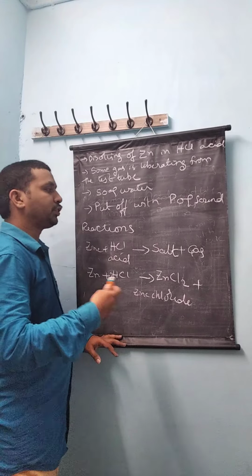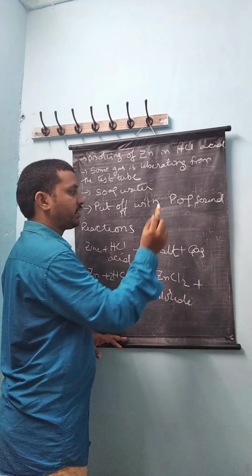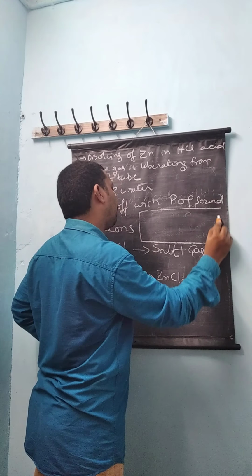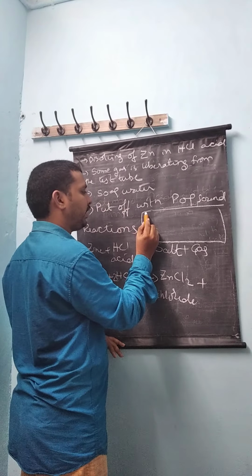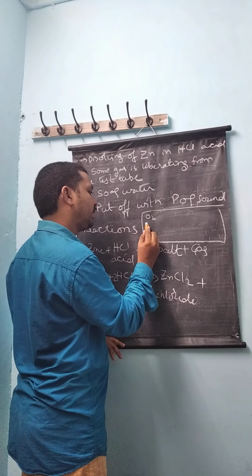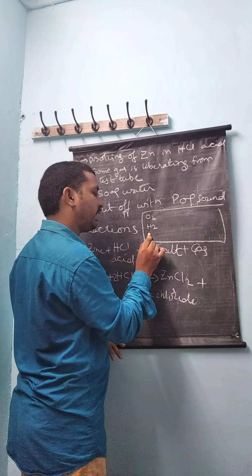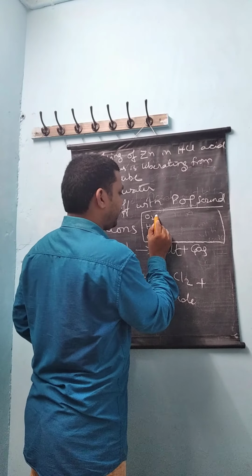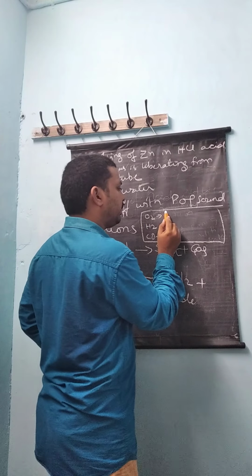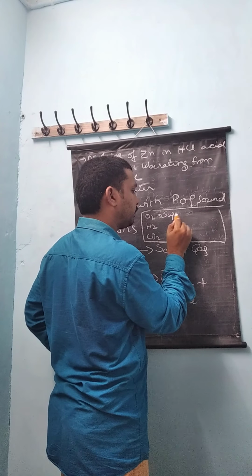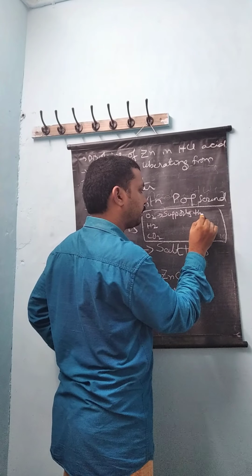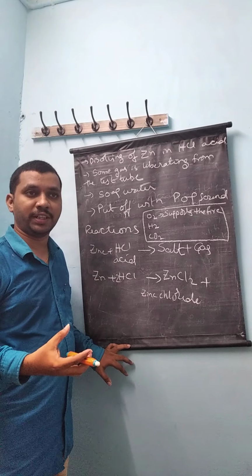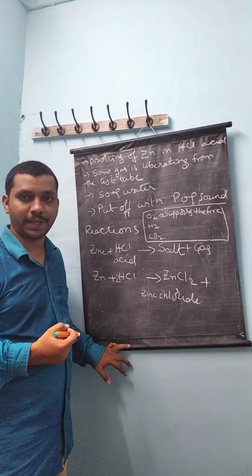Generally, we regularly observe three gases in our daily life. All three are colorless gases: oxygen, hydrogen and carbon dioxide. Oxygen supports the fire, that means it allows the fire to burn more brightly.